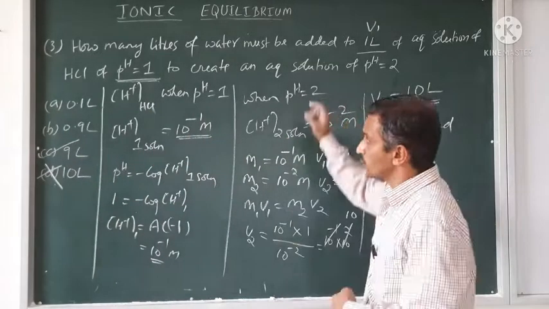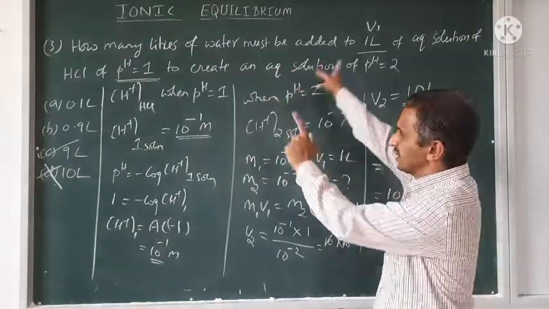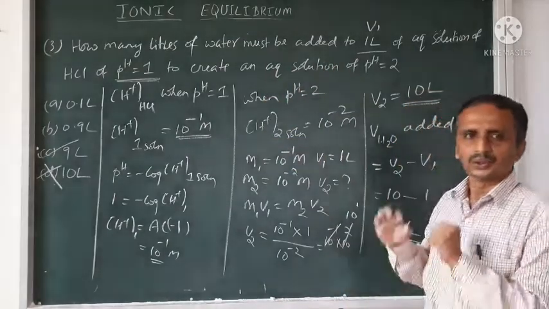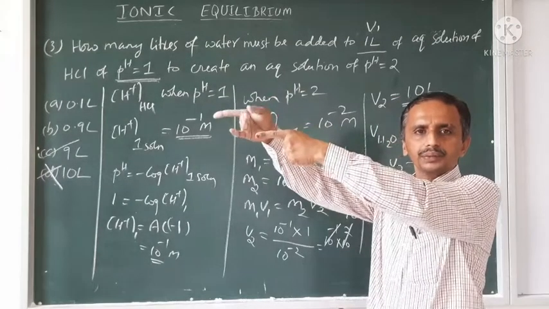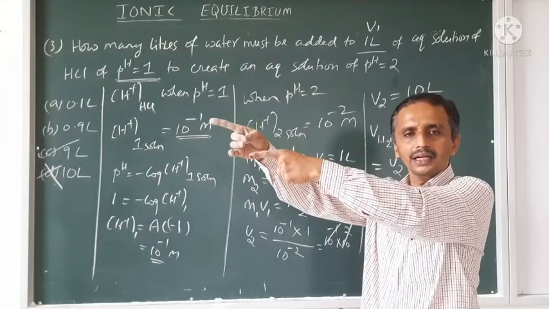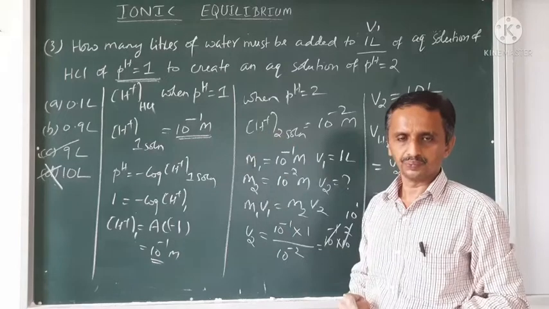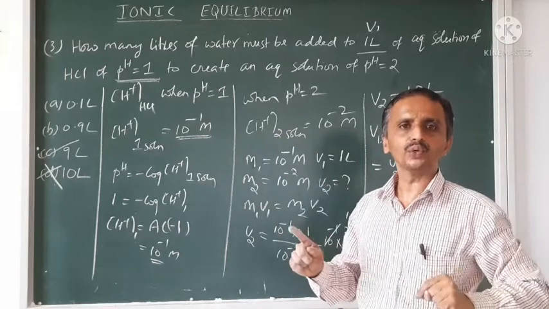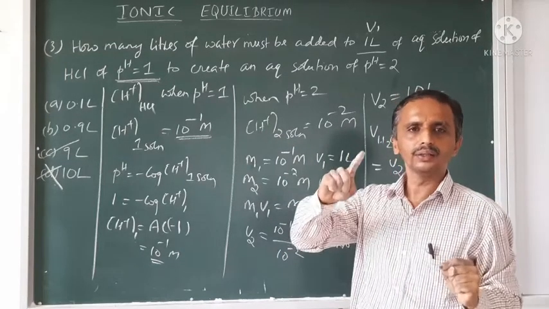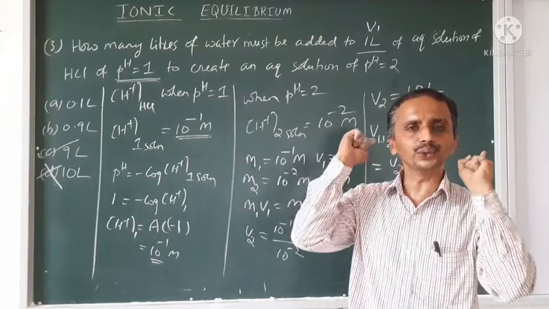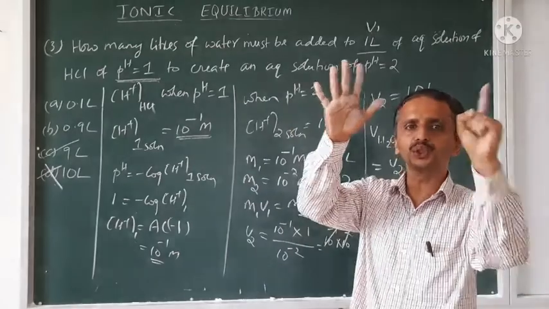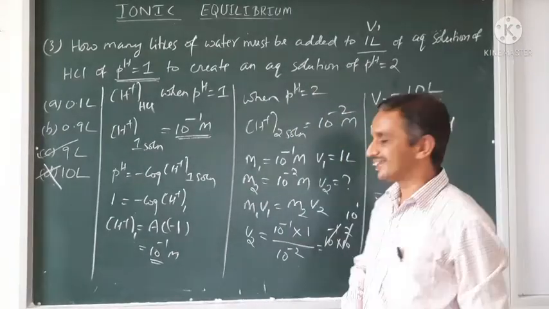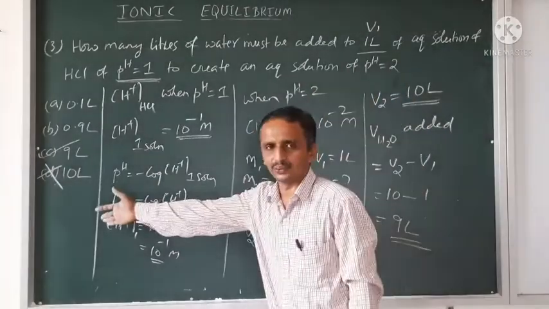Now, see the question. If they change it to: what is the volume of the HCl solution obtained if 1 liter of the solution having pH 1 is converted into a solution of pH 2? Then the answer is 10 liters.